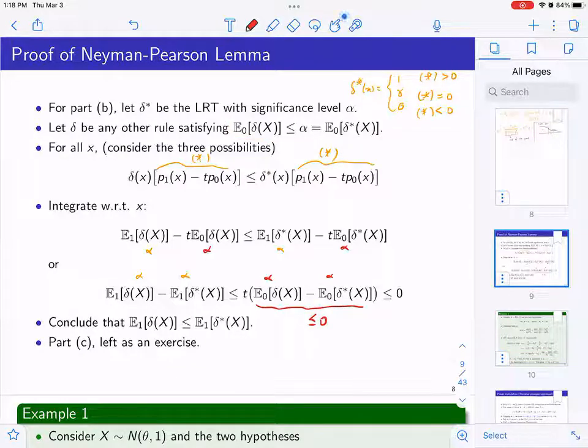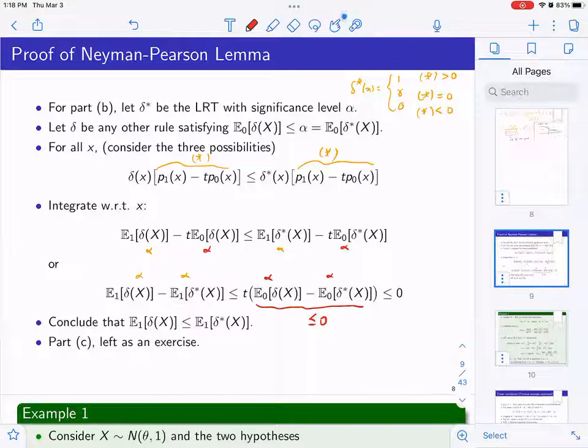So this proves that the other side is non-negative, and so it just means that the power of delta star is bigger than or equal to the power of delta. So this very simple argument just proves that any likelihood ratio test that looks like this, and satisfies the significance level, would be most powerful.